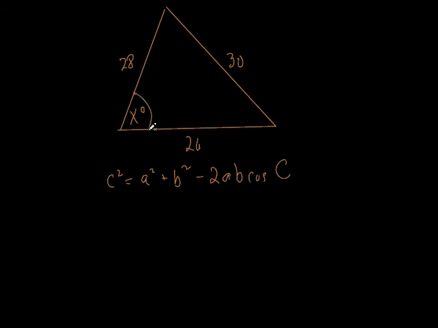We're solving for this, so that's the capital C. So what's little c? It's 30, isn't it? Because it's opposite the angle that I'm trying to find. So it's 30 squared equals, it doesn't matter what order you put these two in, minus 2 times 26 times 28 times the cosine of x.